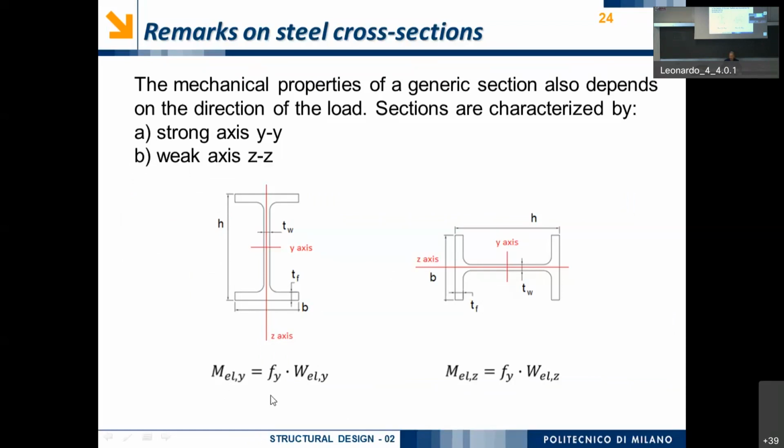And of course, the yielding bending moment is simply equal to the value of the yielding stress times WEL Y, for example. If we're looking to the Z direction, we will use the same value of F Y, but of course the value of WELZ.